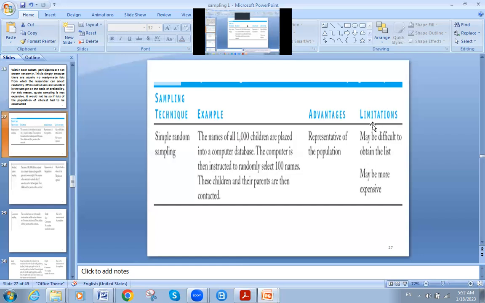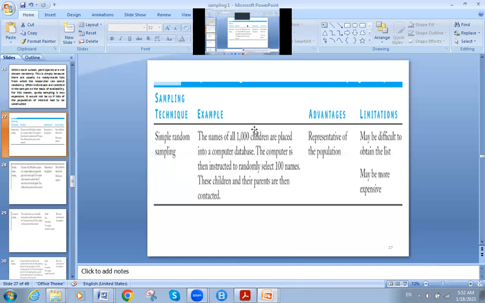But its disadvantage, or its limitation, is that it may be difficult to obtain the list. Sometimes the population is very big, or you're studying something across the whole country, so the population size would be very large. At that time it is very difficult to have a list with all the names of the population.